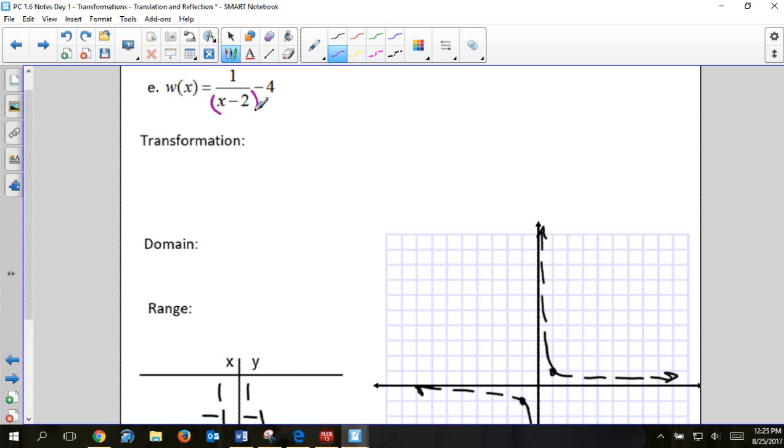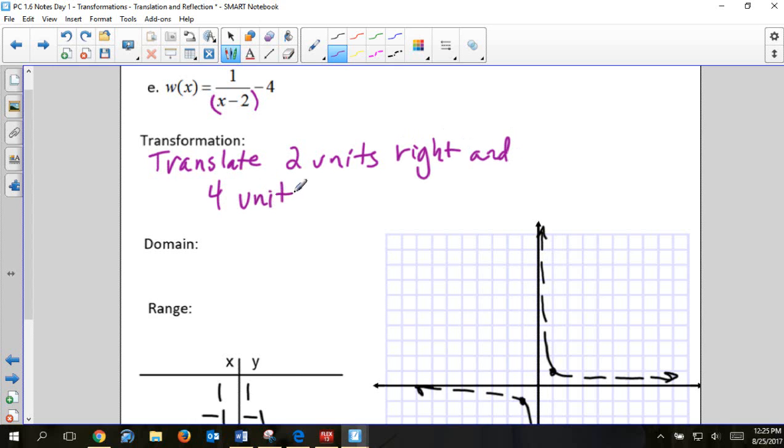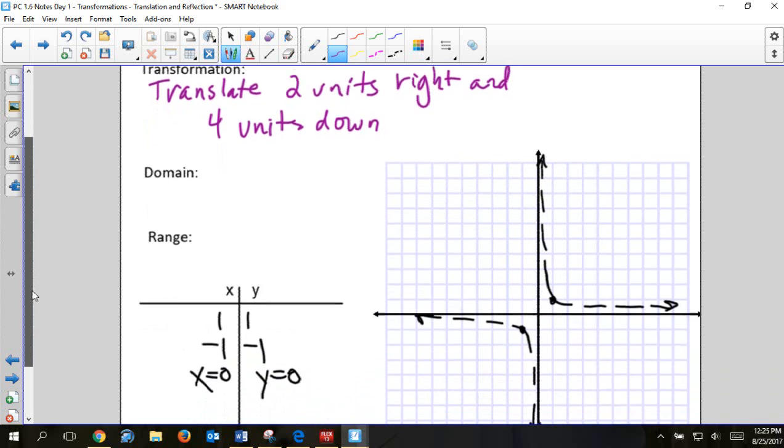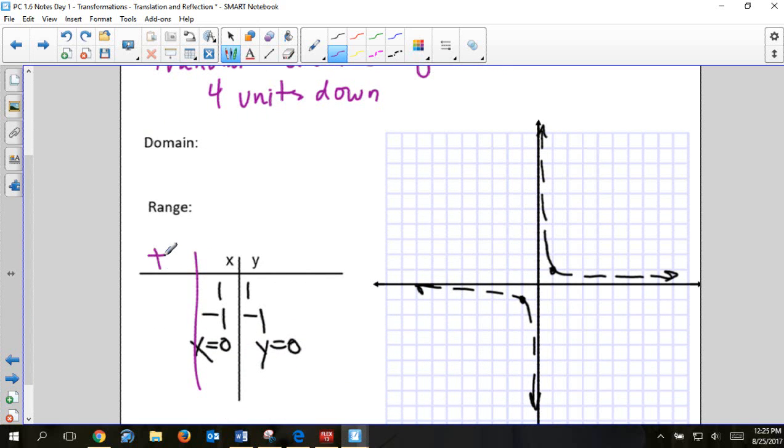That's going to translate where? 2 units, which way? Right. And 4 units where? So when I translate 2 units right, 4 units down, you could do that visually. If I'm going to use the ordered pairs, then I'm adding 2 on my x's, and I'm subtracting 4 from my y's.